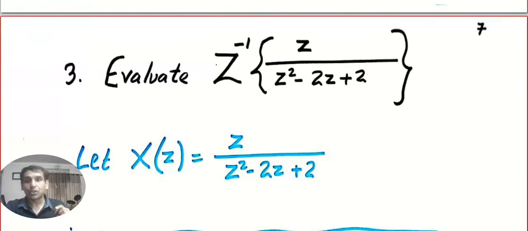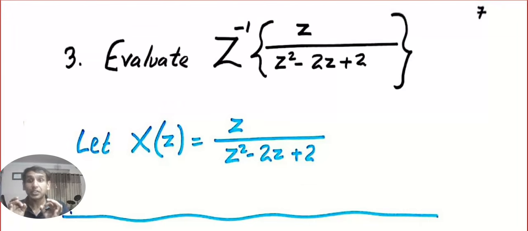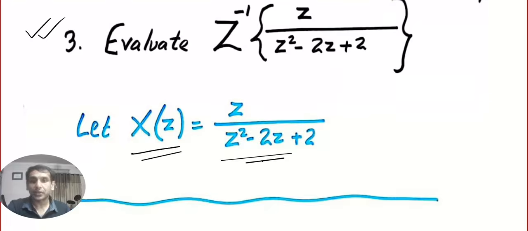Now let's go for another very important problem. Extra important problem. Maybe they will ask this directly, or maybe you'll have to use this when you're learning the application. That's a difference equation. Anyway, as always, I called it X of z. Now what should I do?